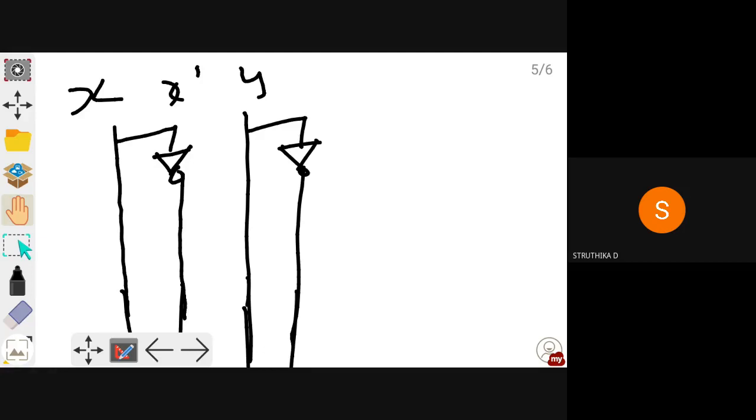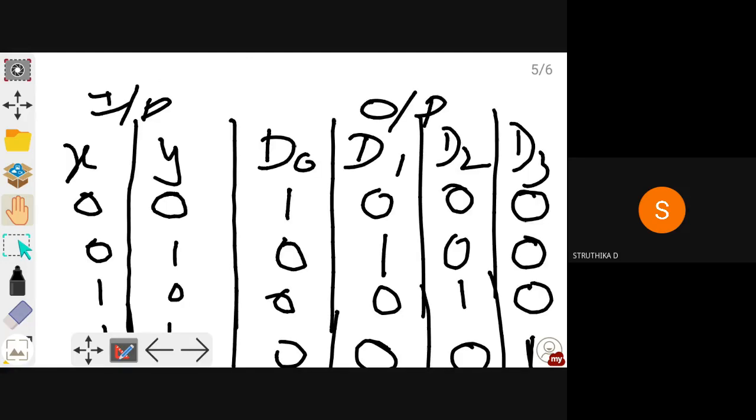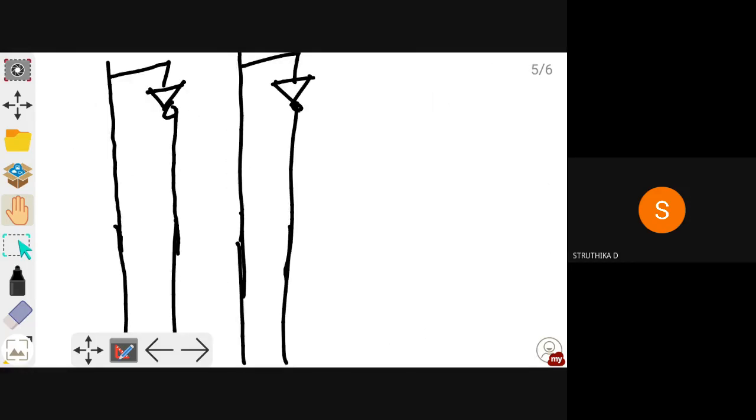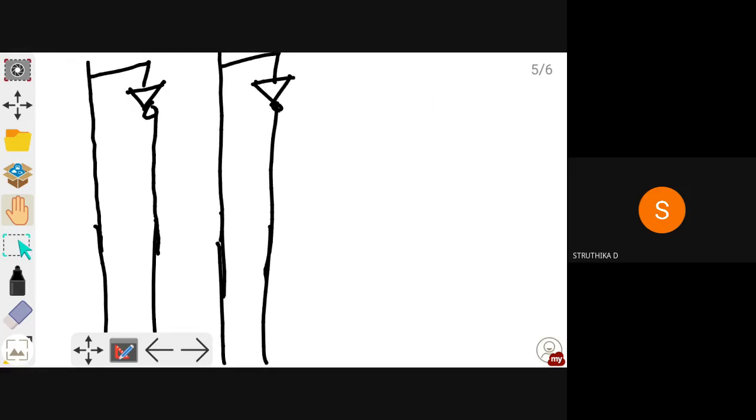What is D0? The D0 function is when x is 0 and y is 0. Whichever minterm is generated, x is 0 and y is 0, that is x dash y dash. That is the minterm generated for D0. So x dash y dash is D0.